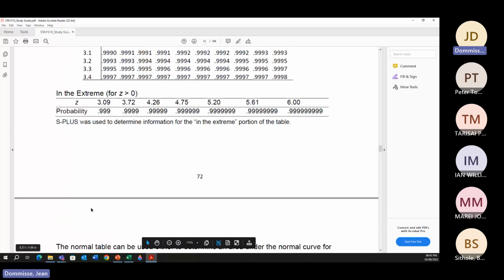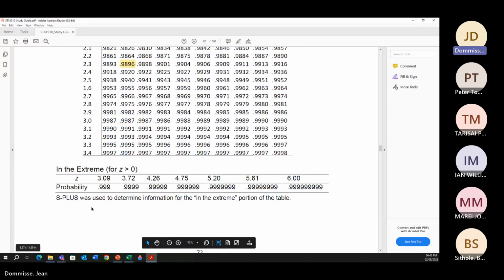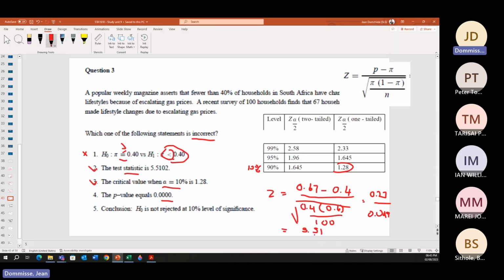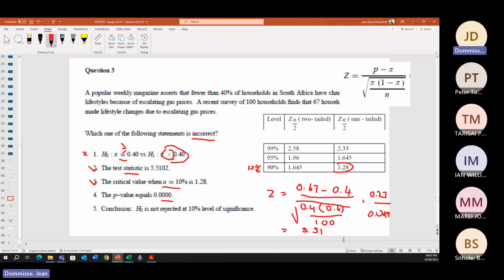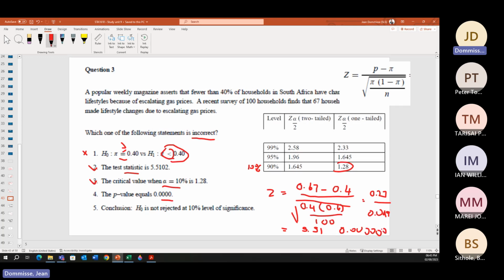Now this is actually a nice one added to the 1510. So you can see for extreme values what your probability is going to be. So here we have 5.61, which was very close to that, 5.51. So if my probability is that, the p-value will be 0.00000001.